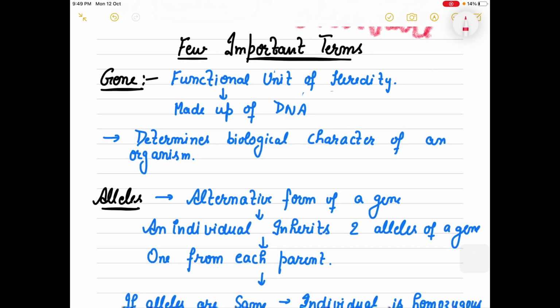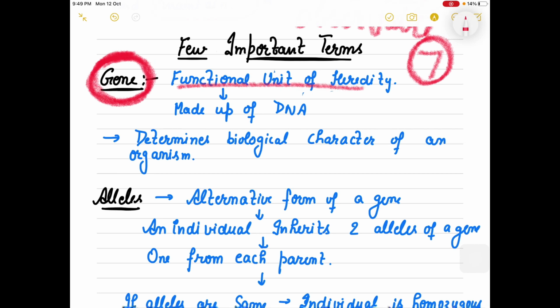Now, before I give you a table of those 7 best characters, there are a few heredity terms which you need to know. First, we were talking about the gene continuously, and I will not talk in a very scientific manner here. I will talk very straight with you, so that the gene is clear to each one of you. What is a gene?